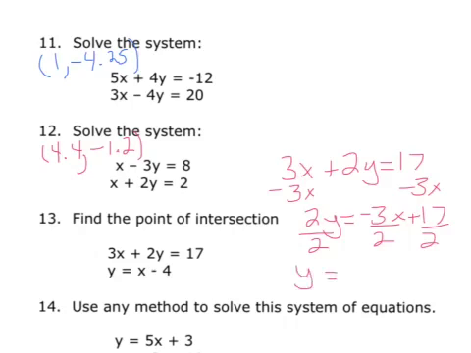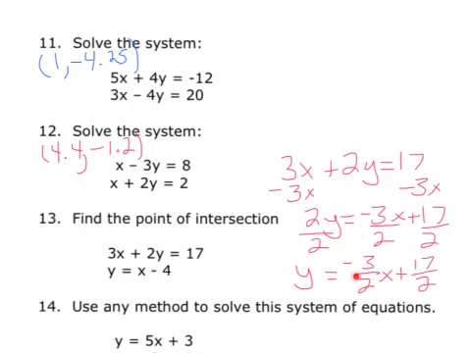And we get y equals negative 3/2 x plus 17 divided by 2. Now I could change that to a decimal, but I'm just going to leave it as a fraction because I can type that in the calculator as well. So now I have two equations in slope-intercept form. I have this one, and I have this one changed to this. So I will type these two in my calculator.